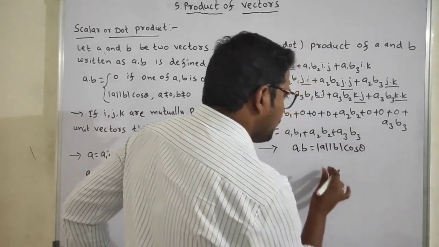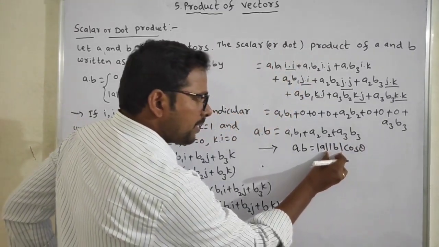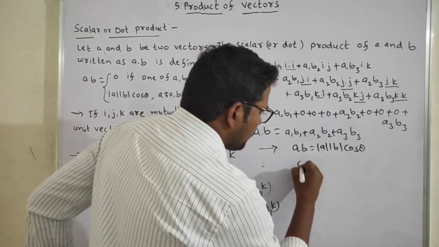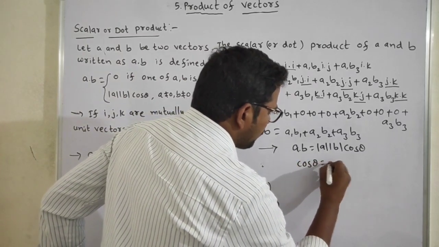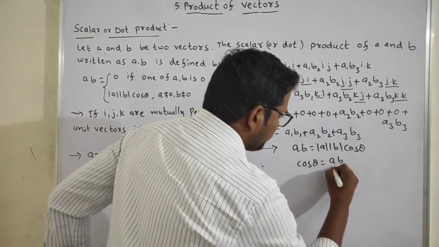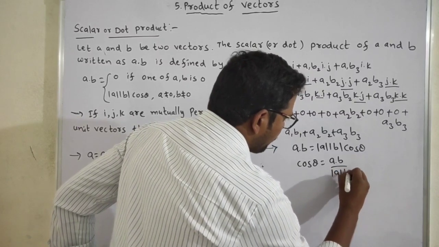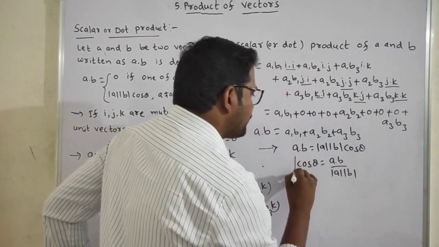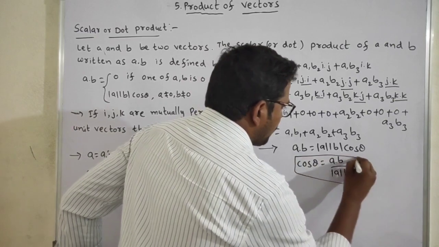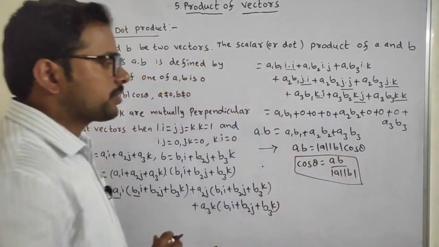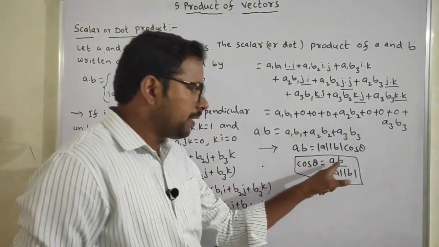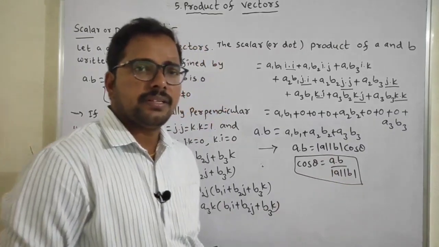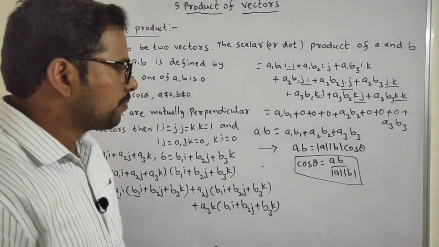So total mod a mod b left hand side cheyandi. What is the cos theta? Cos theta is equals to a dot b by mod a mod b. This is angle between two vectors formula.